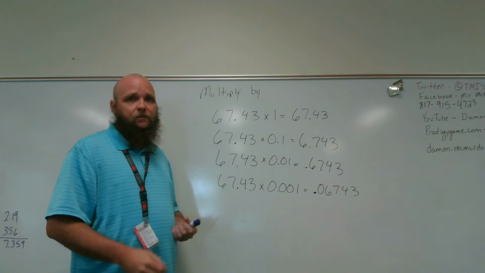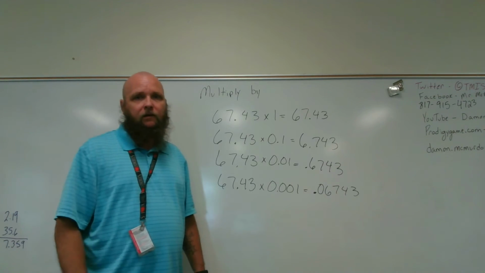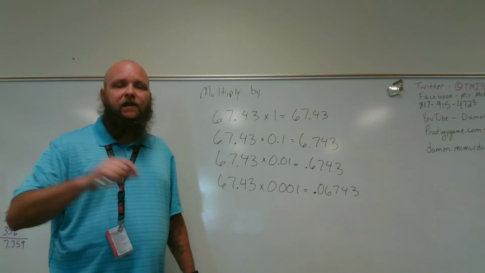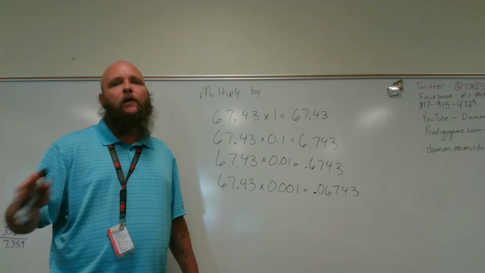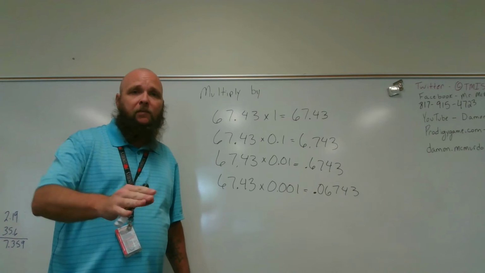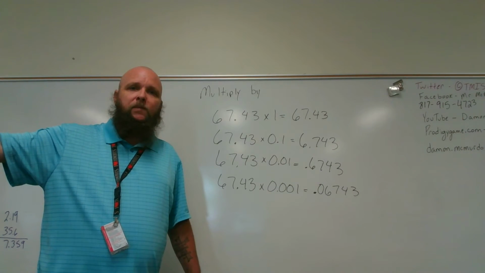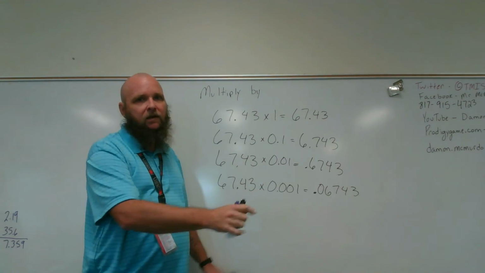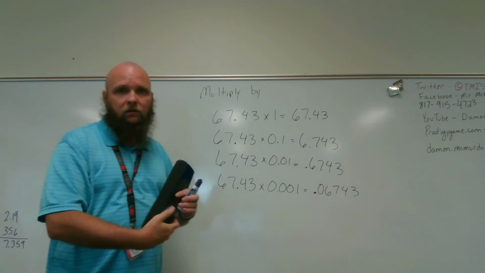So doing these is just a matter of moving the decimal point. If you're multiplying by 10, 100, or 1,000, the number's got to get bigger because you're multiplying by something greater than 1. If you multiply by 1, it stays the same. Multiply by a number bigger than 1, the number gets bigger. If you multiply by a number less than 1, your factor is going to become smaller.